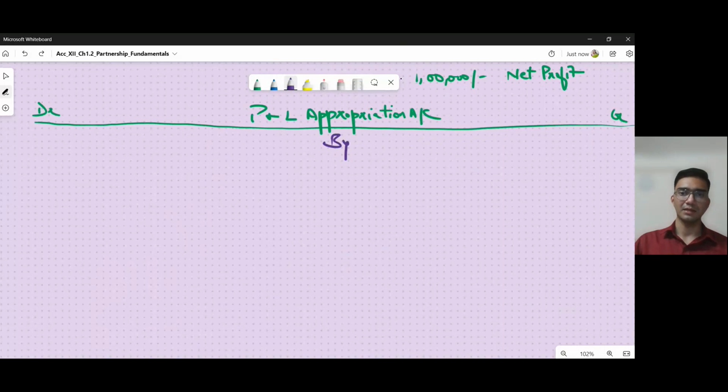So let's write by P&L account, and then in brackets, we'll write net profit. This way. So whatever may be the amount, suppose it is 1 lakh. We are supposed to be writing 1 lakh here.